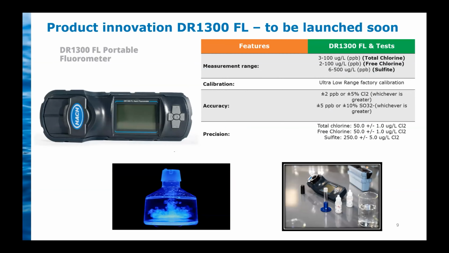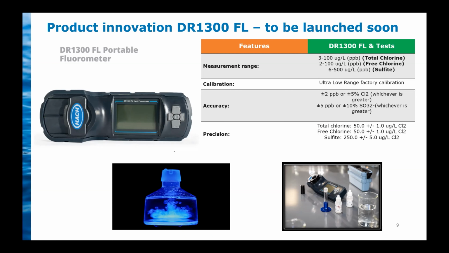And finally, we will soon launch our new portable DR1300 FL as our first fluorometer. I can tell you a little bit about the theory of operation for all these fluorescence tests. This is done by a specific indicator and buffer, which is added to a clean water sample. Once the analyte reacts with our indicator, a fluorophore complex is formed in the solution.